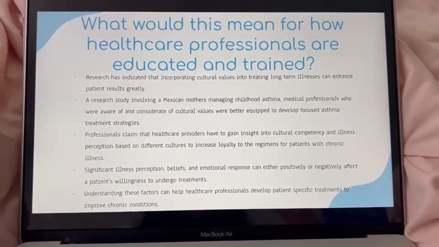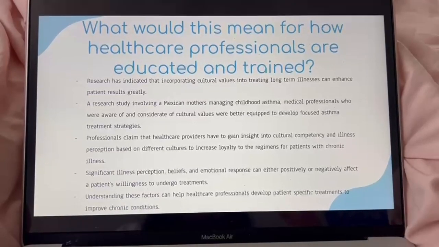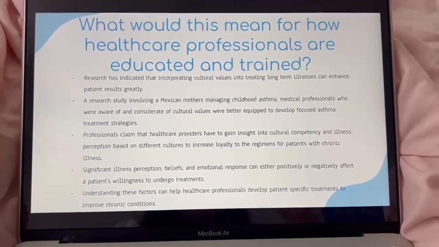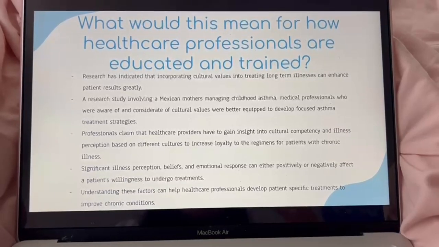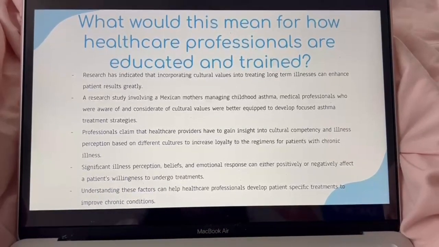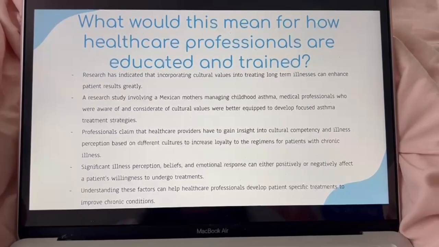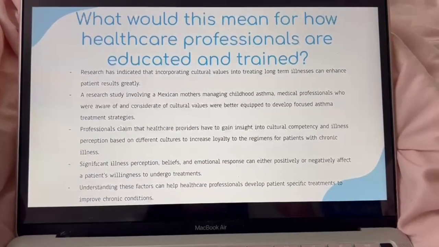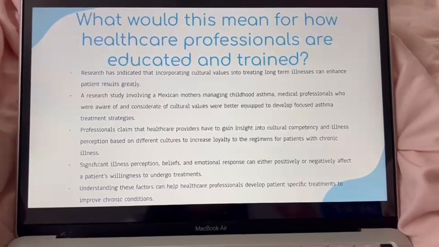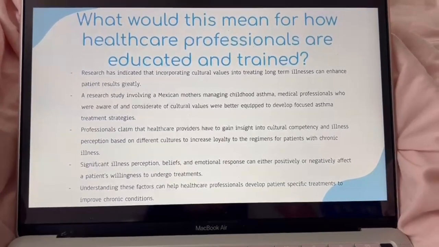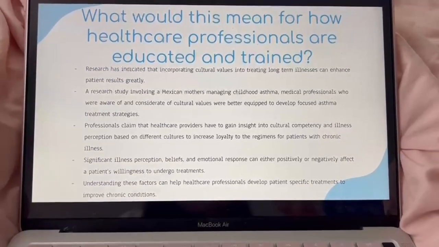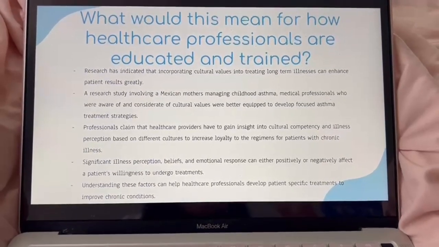What would this mean for how healthcare professionals are educated and trained? Research has indicated that incorporating cultural values into treating long-term illnesses can enhance patient results greatly. In a research study involving a Mexican mother managing childhood asthma, medical professionals who were aware of and considerate of her cultural values were better equipped to develop focused asthma treatment strategies for her.